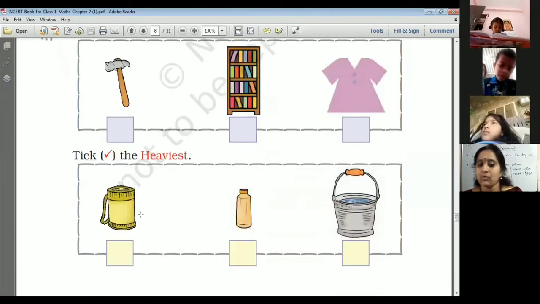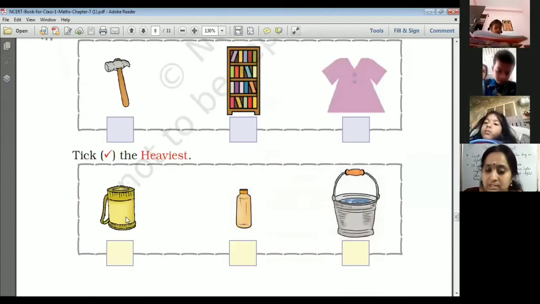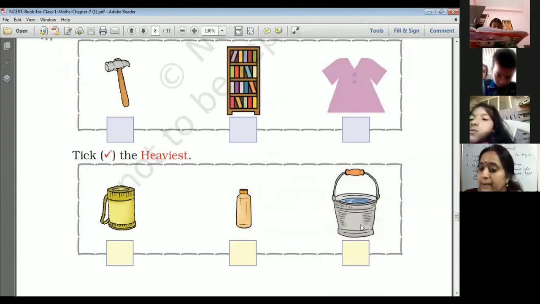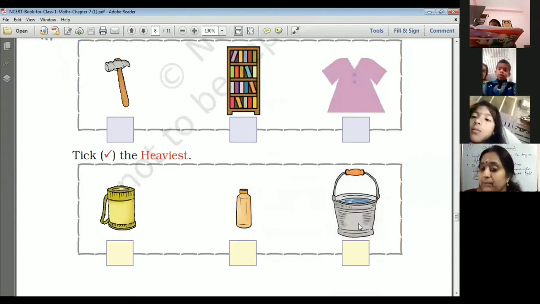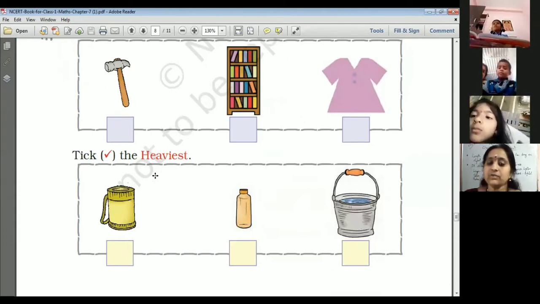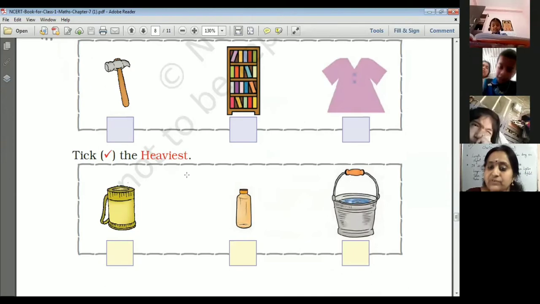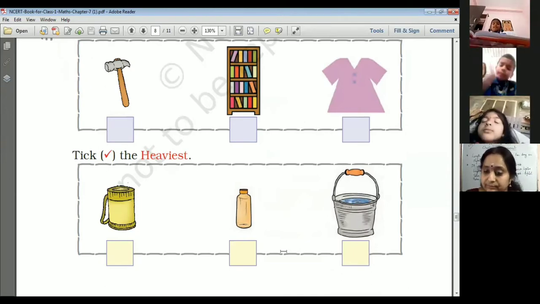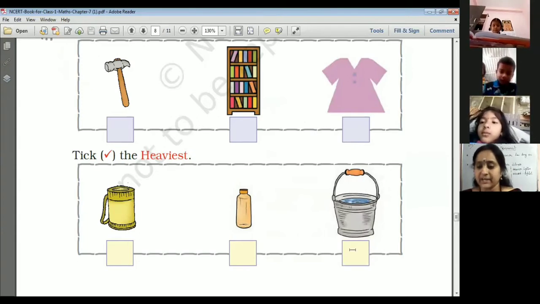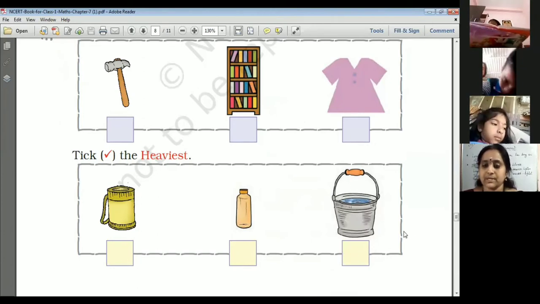Here you have a tiffin box, a water bottle and a bucket with water. Which one is the heaviest one? First one, second one or third one? The third one. Very good. So tick this object. Okay, children?